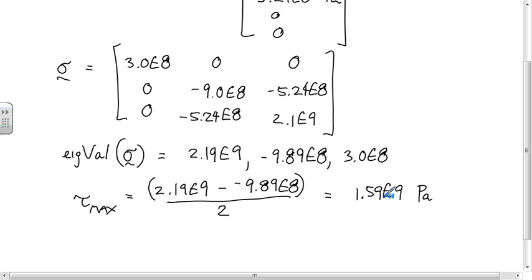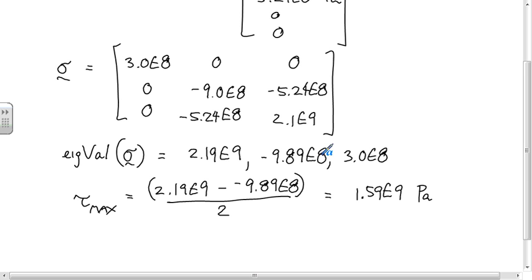Those eigenvalue stresses, are those like the XX, YY, and ZZ? It doesn't actually matter. They're the 3 normal stresses, but you could organize them in any possible way, and that's correct. If you reorder those, it's basically just switching your coordinate system to different orientations.